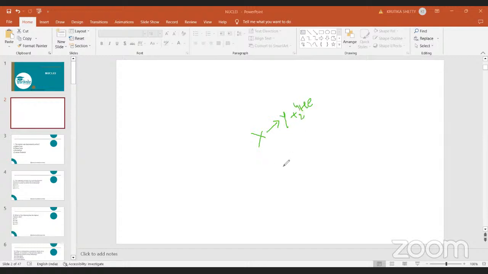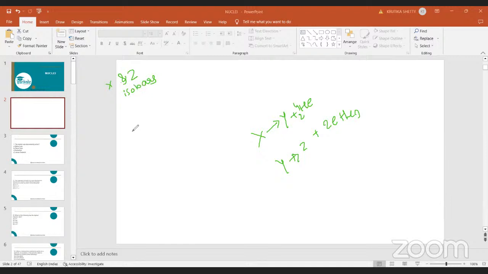Then later the Y is getting converted to Z with 2 electrons. Then the options are: X and Z are isobars.